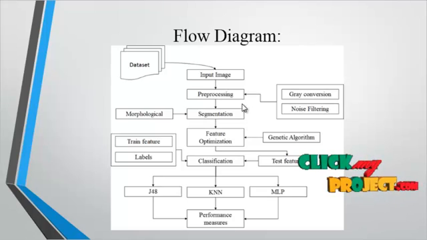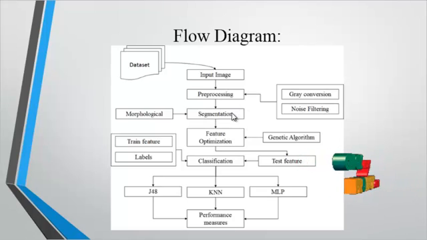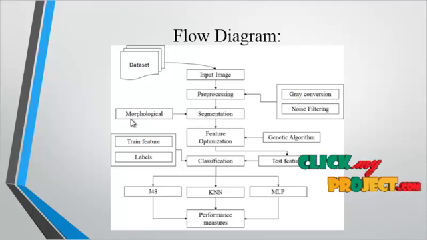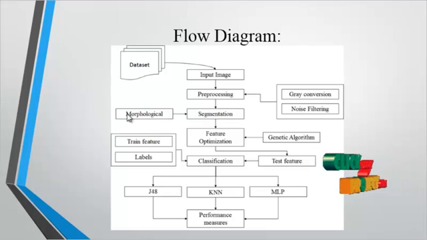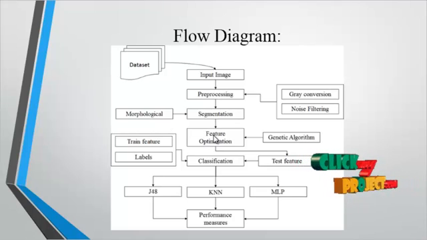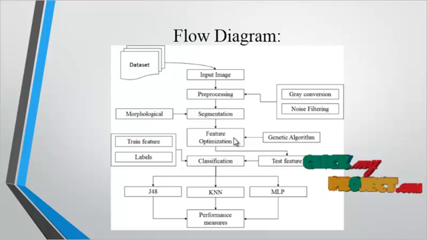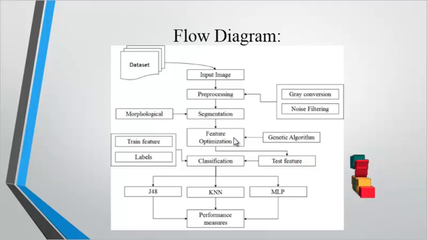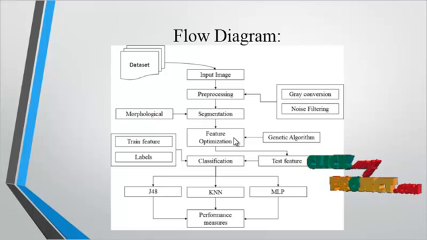After the pre-processing, segmentation is carried out. The segmentation is carried out using the morphological operation. This is the main algorithm used to segment the brain region. After the segmentation, feature extraction is carried out. In feature extraction, the feature data is collected from the image and saved as a feature.